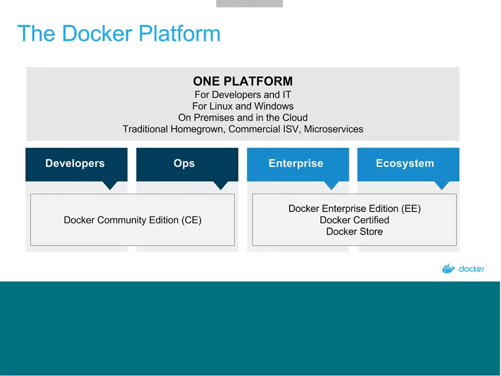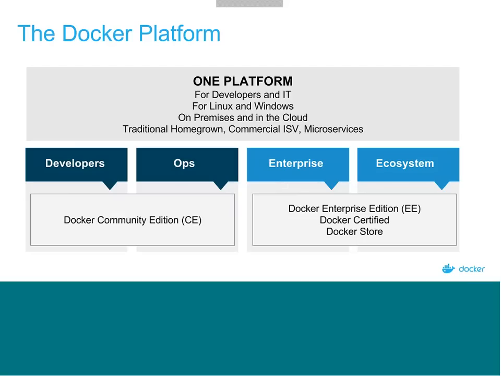So just to wrap up, Docker's a platform, and we target a bunch of different constituencies, both developers and IT, Linux or Windows, and you can run Docker on-prem in your own data center or in the cloud on AWS, Azure, and other places.